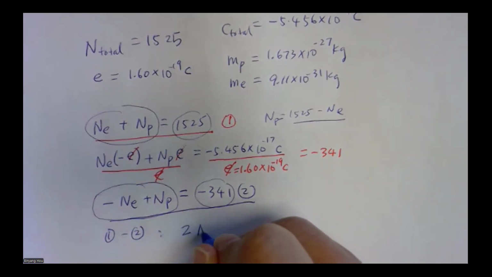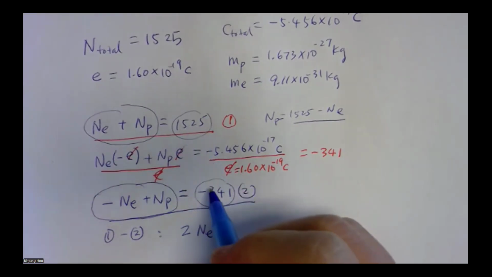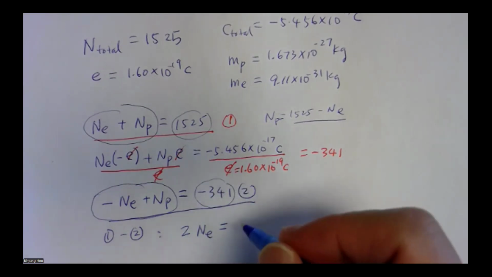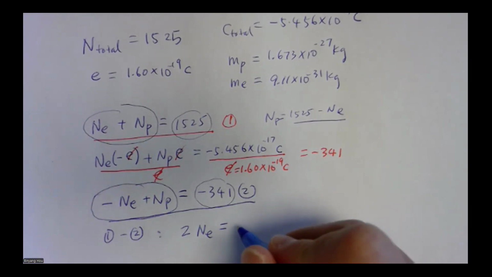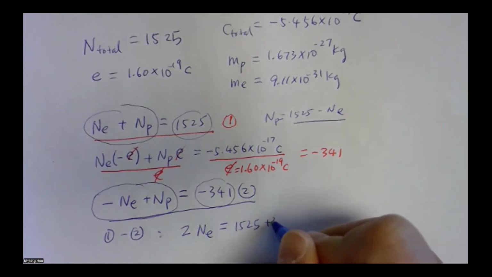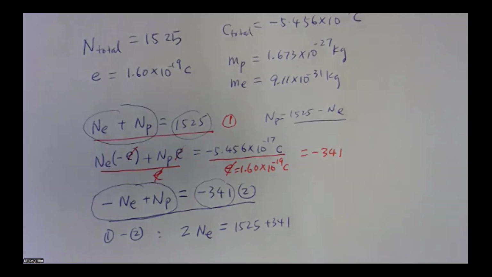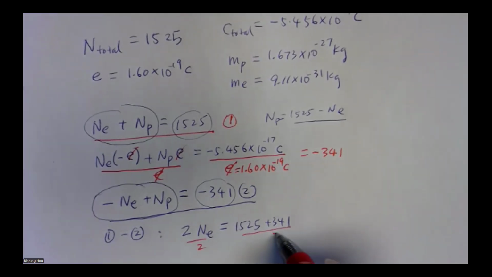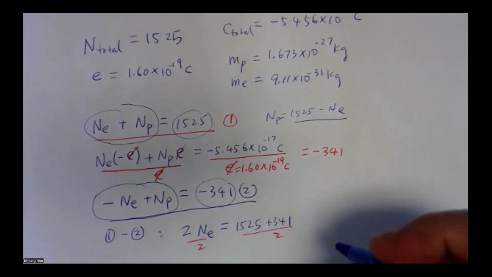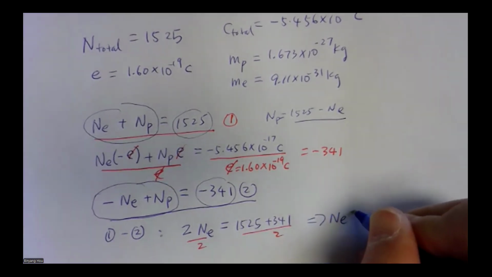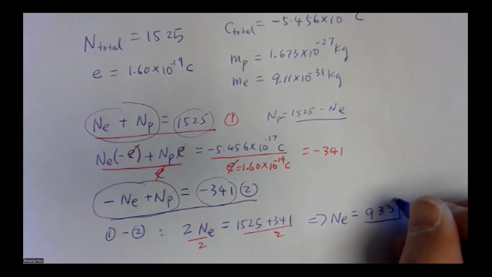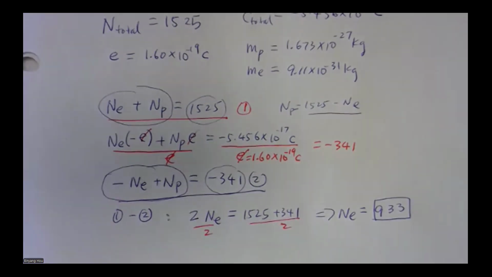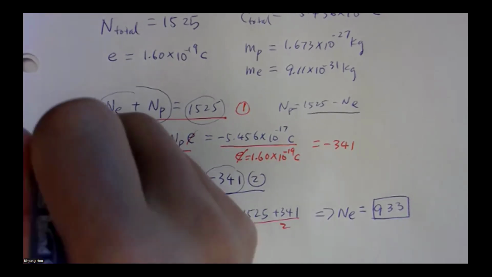So I will have 2 times NE equals this guy minus that, which means you add them up. That will give you 1525 plus 341. Then divide both sides by 2, and it will give you the number NE. So your NE is equal to 933, for your part A. And so we will be done with part A there.